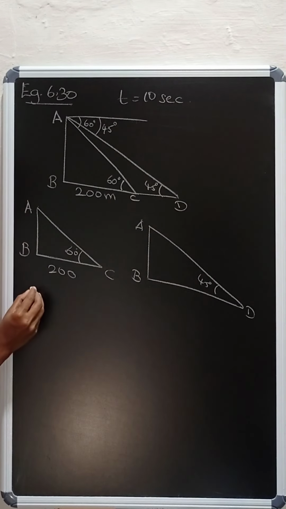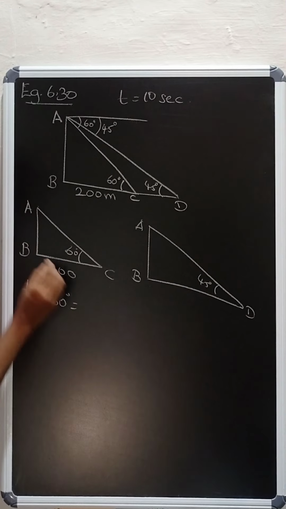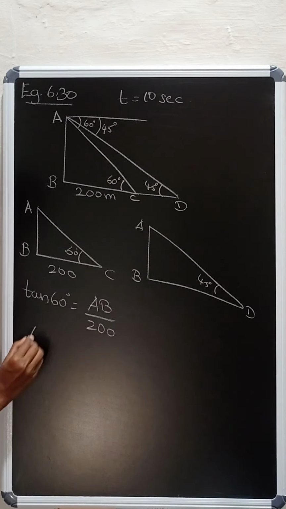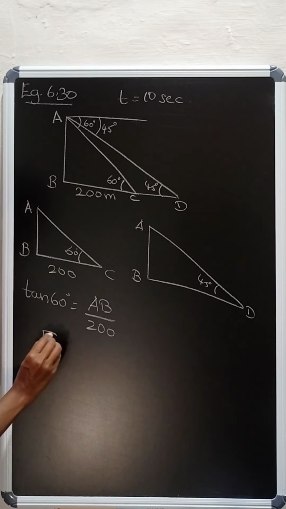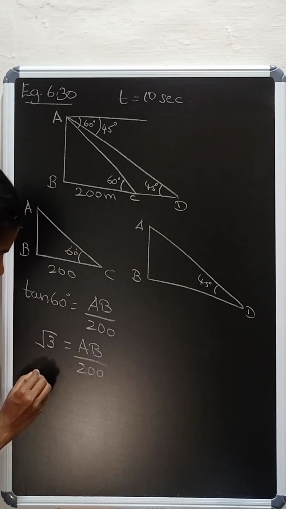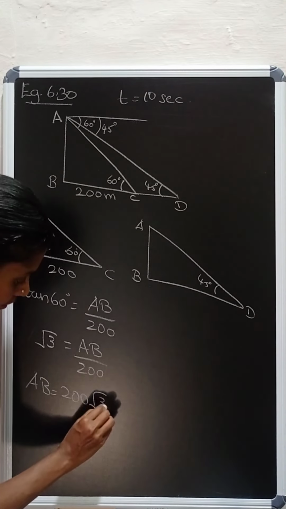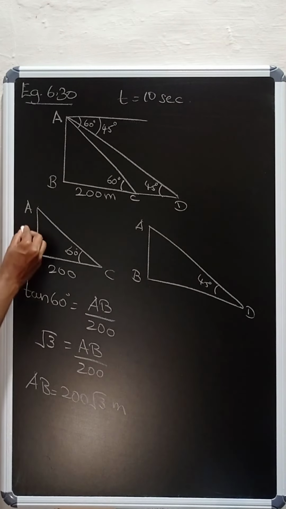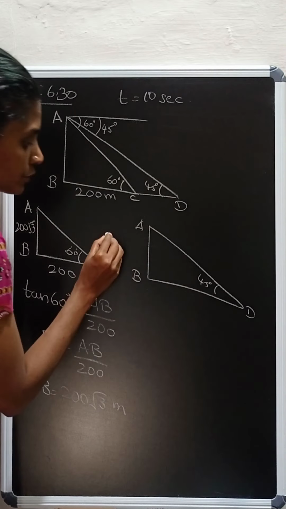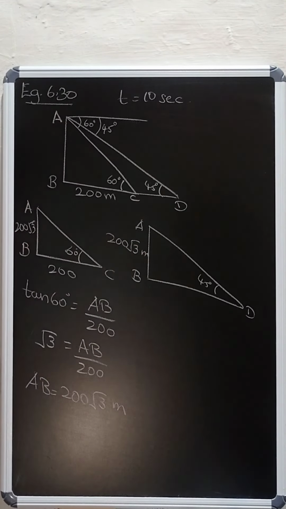Now we'll take tan theta. Tan 60 degrees is equal to opposite by adjacent. So tan 60 value is root 3. So AB is equal to 200 root 3 meters. So we'll use this 200 root 3 meters in AB.